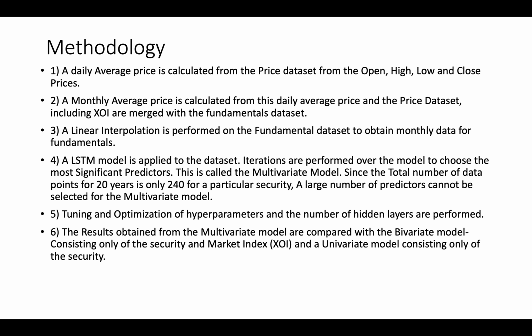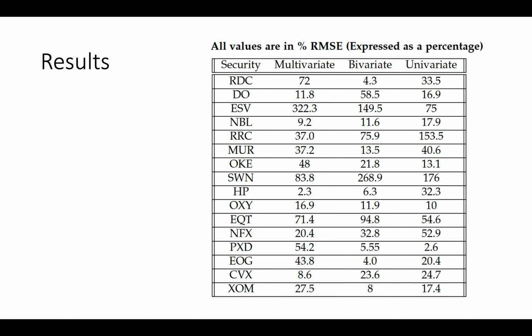The fundamental data set is available quarterly, so I used linear interpolation to make it monthly. Then I used an LSTM model to predict the final price of the stock. I did some tuning and optimization of hyperparameters, and then I calculated these results. These are the root mean square errors for different models for these 16 securities.